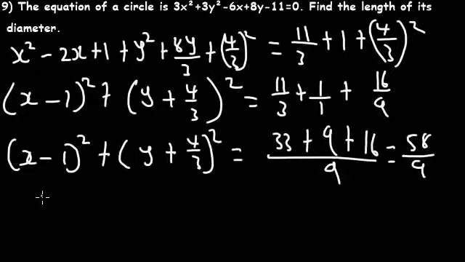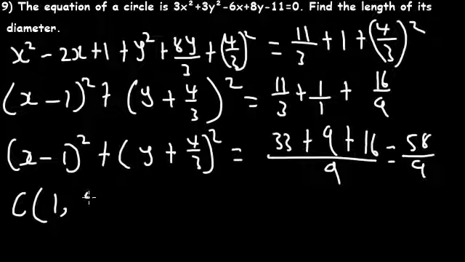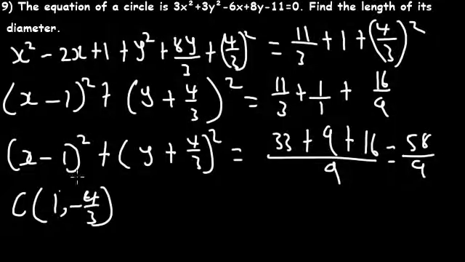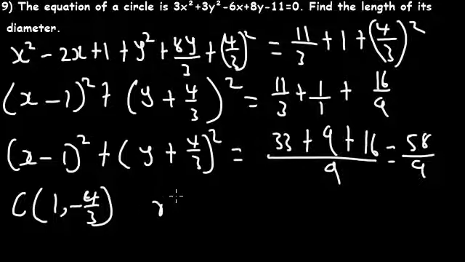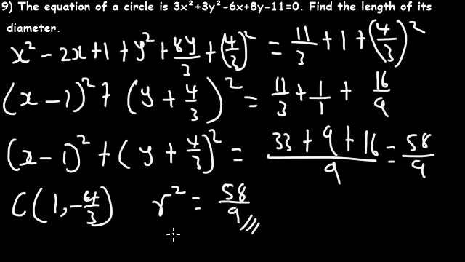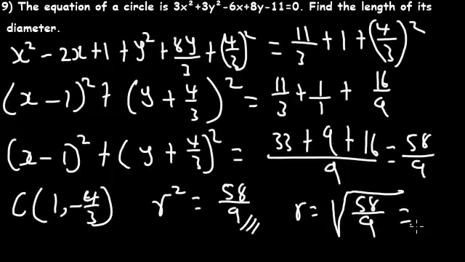So therefore, we can clearly say that the center of the circle is 1, negative 4 over 3. I've multiplied them by the negative sign, and the radius squared is equal to 58 over 9. Perfect. If r squared is 58 over 9, then r will be the root of 58 over 9, which is simply 2.54, approximately to 2 decimal places.